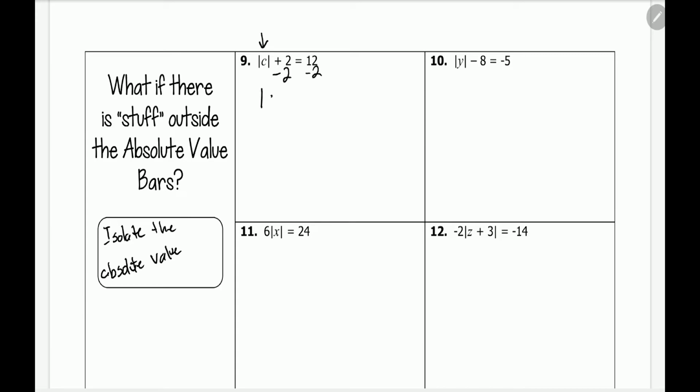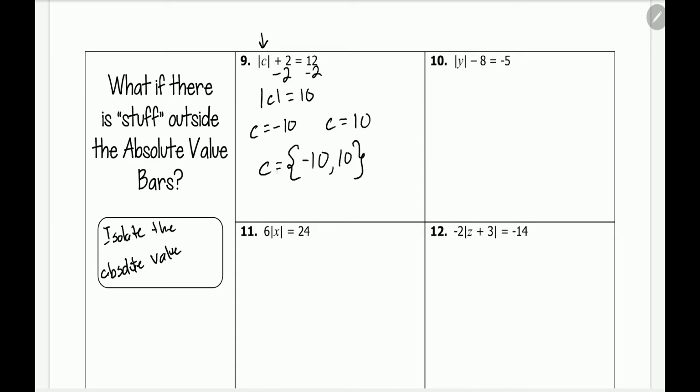So we have the absolute value of c is equal to 12 minus 2 is 10. Then we have it isolated. Now we take whatever's inside. So that's c is equal to, c is equal to. Then we go to the other side of the equal sign. It's 10. So we're going to have negative 10 and positive 10. And still, our answer is going to be a solution set.